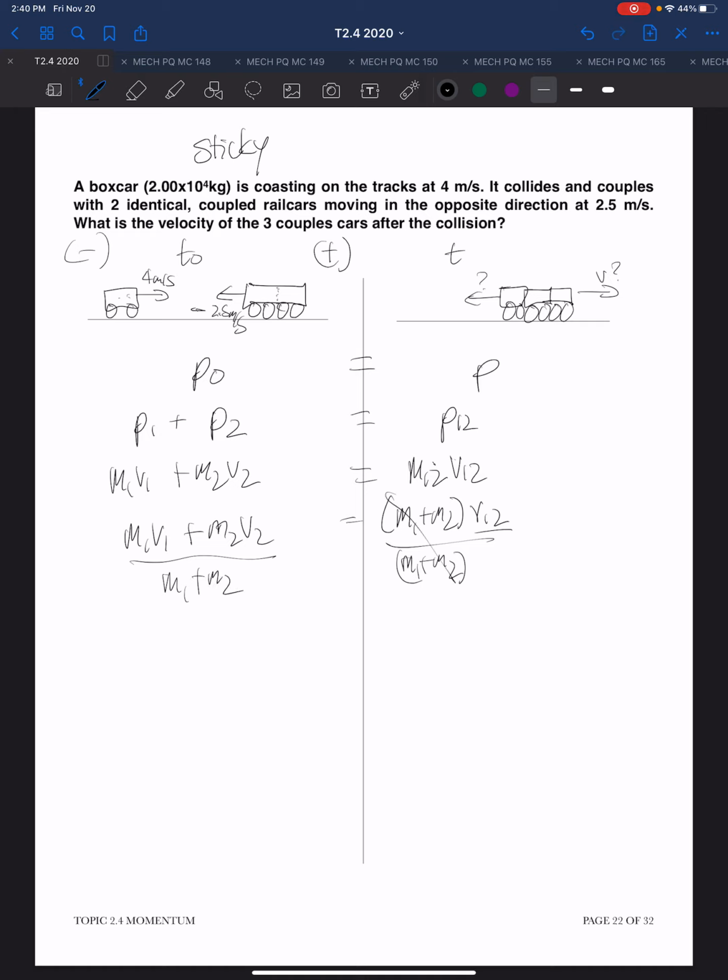That drops out, and then we're looking at that relationship. So now we can plug in the mass of the first object, which is 2 times 10 to the 4th, times its velocity, which is 4. And the second object, which has the equivalent of 2 of those, so that's 4 times 10 to the 4th, times negative 2.5. All over, in the end, 6 times 10 to the 4th.